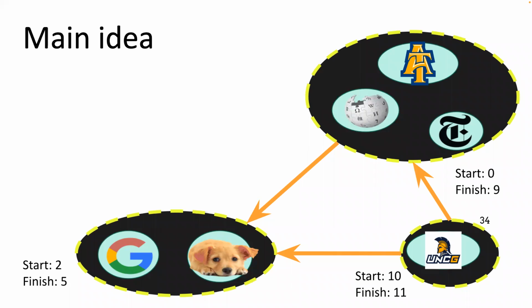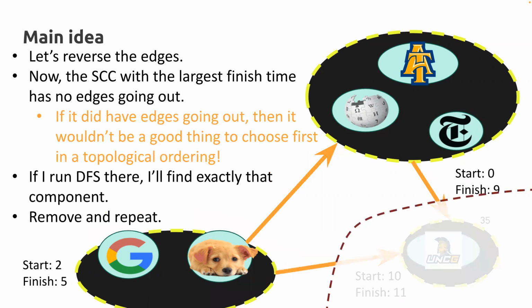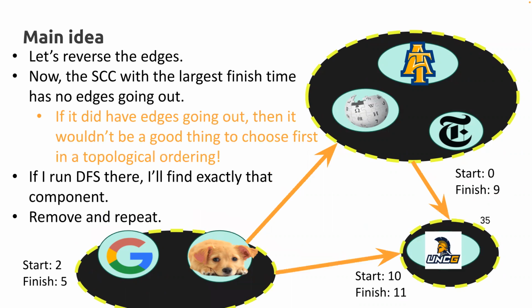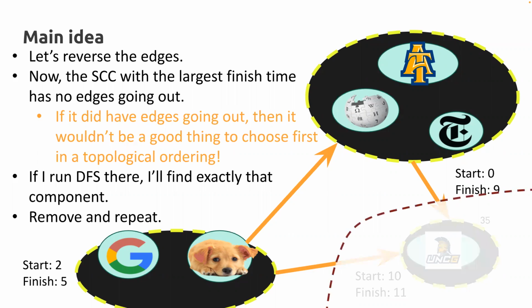For this last one, the only edges that are going to come in are from the nodes that came before. So when we reverse them, if we run our DFS first on this part of the graph, it will complete and find one tree, and it will not be able to escape. So that for sure gives us our first strongly connected component.